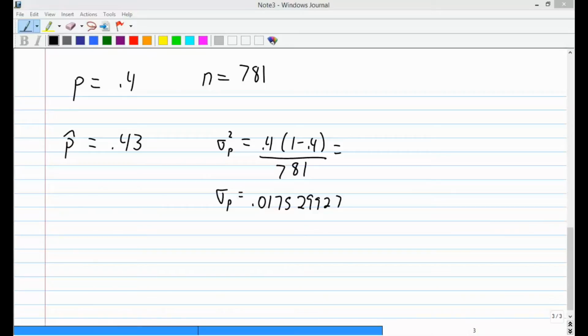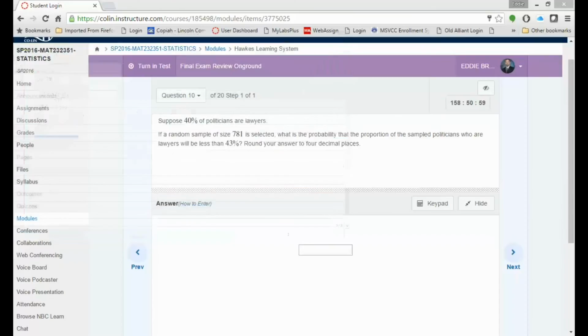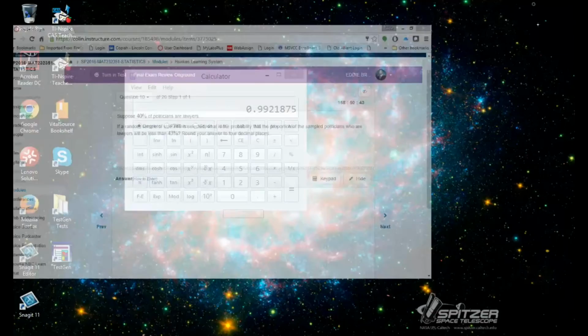So we want to know the probability that the proportion of sample politicians who are lawyers is less than 43%. Okay. Less than 43%.